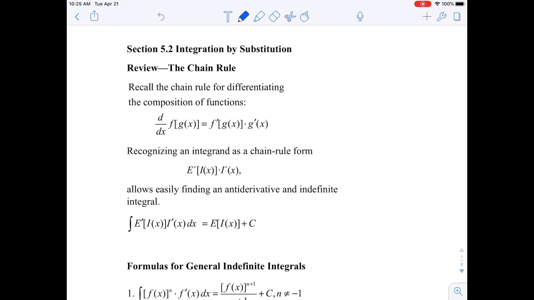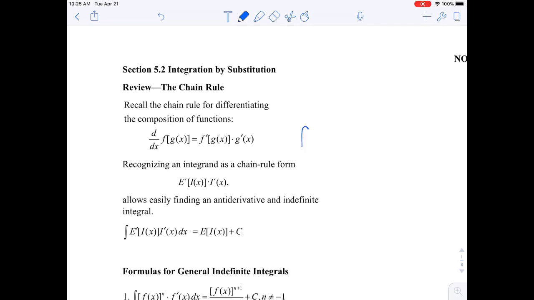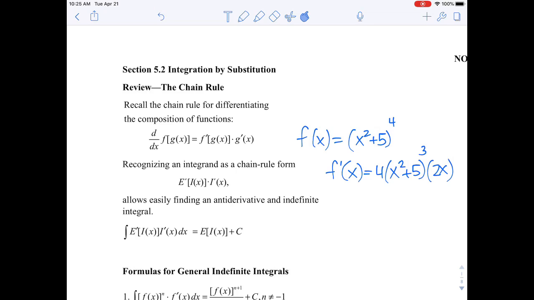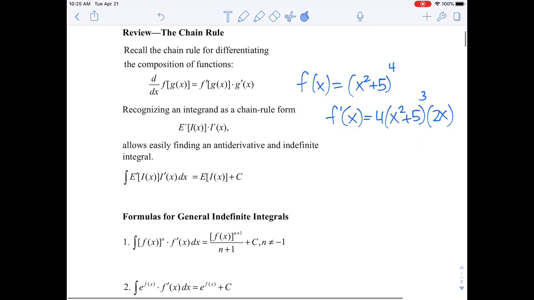So for instance, if we have f of x equals (x squared plus 5) to the fourth, then this would be 4 times the derivative of this, and then we have to take the derivative of what's inside. So that's our chain rule, making sure that we take the derivative of the composite function.